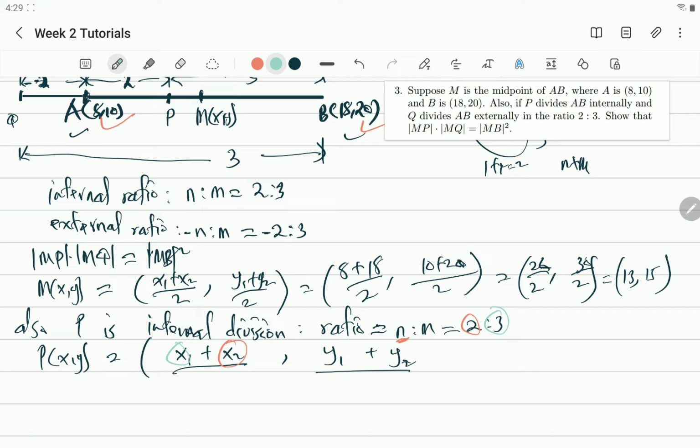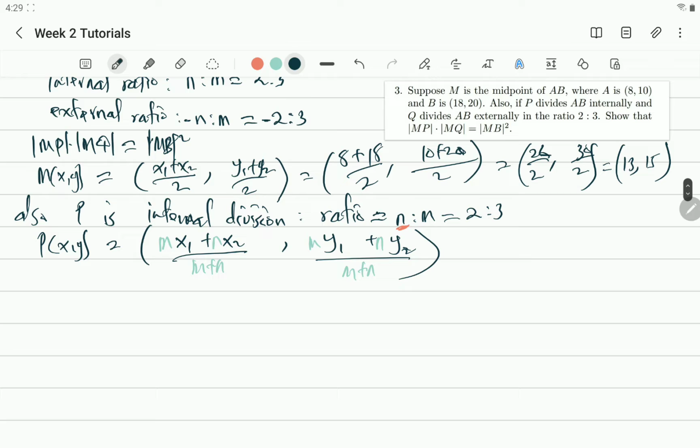So I multiply x1 with m, because m is the second value of the ratio, and I multiply the second coordinate with n, because n is the first value of the ratio. Then I add the two ratio values at the denominator. I do the same here for y, with m, n, and m plus n. Then I close the bracket. So this is our formula for the internal division. Then the rest is just evaluation.